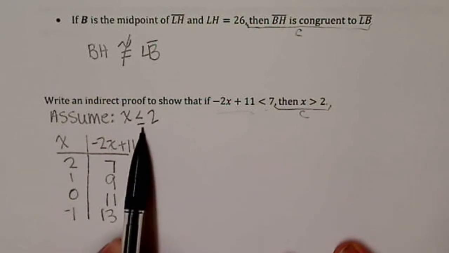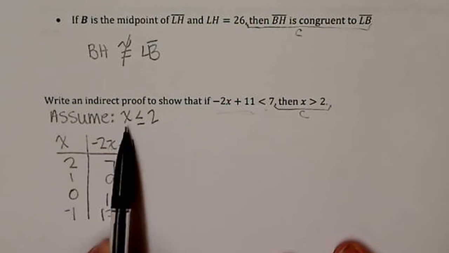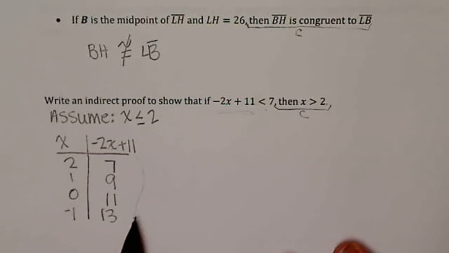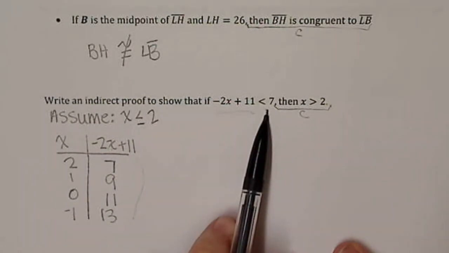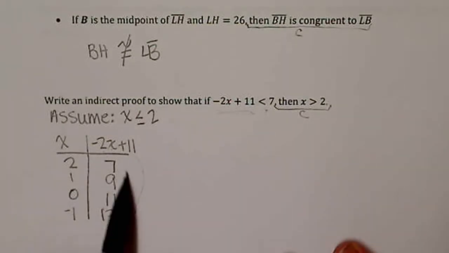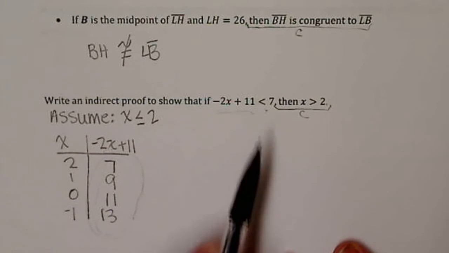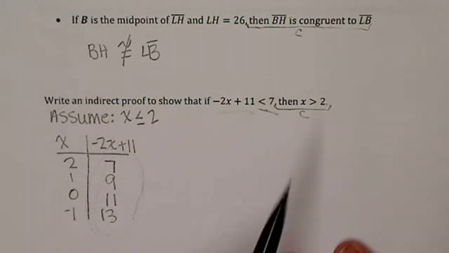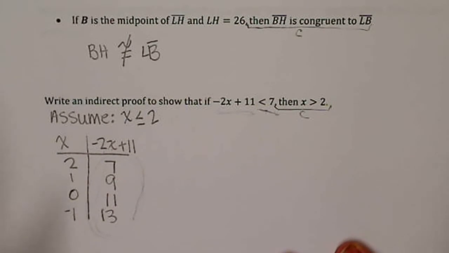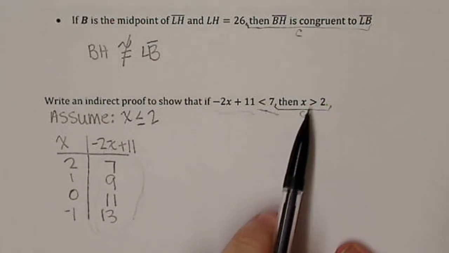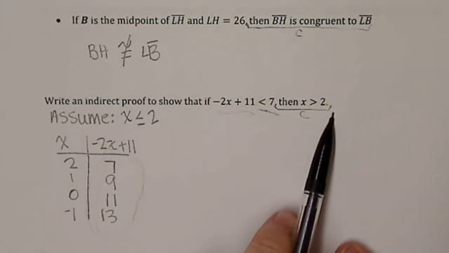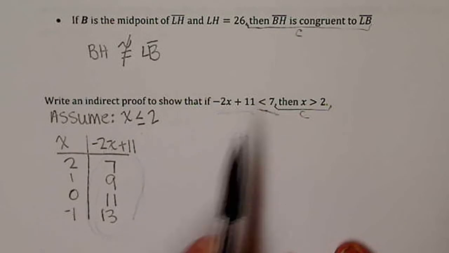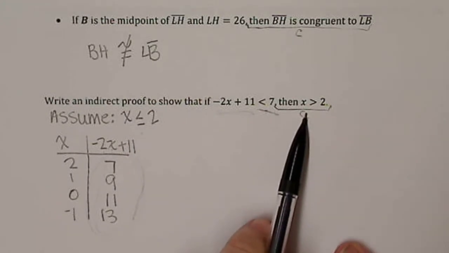So my assumption that x is less than or equal to 2, does it make it true? No, it made it false. All of these values are bigger or equal to 7, and that's not what I said. So because I am wrong, therefore x must be greater than 2. Because this is wrong, what I stated in the beginning must be true.